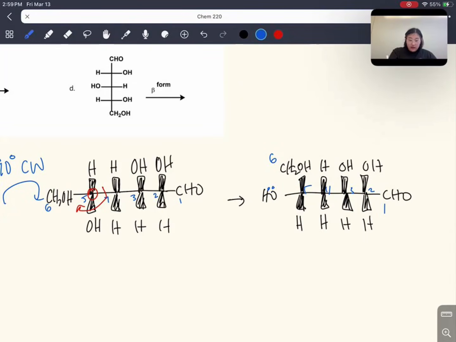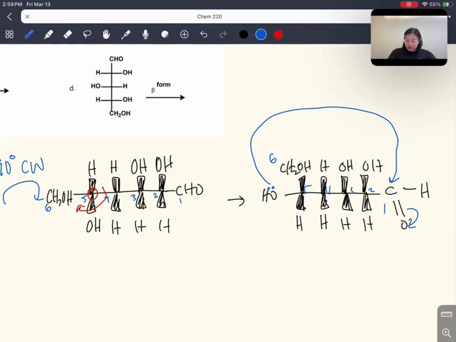So I'm going to just draw out the aldehyde, just so you can clearly see what it looks like. And so the lone pair on the oxygen is going to now come around and attack this carbon, pushing off a lone pair from the oxygen.